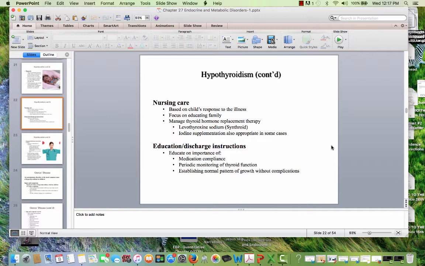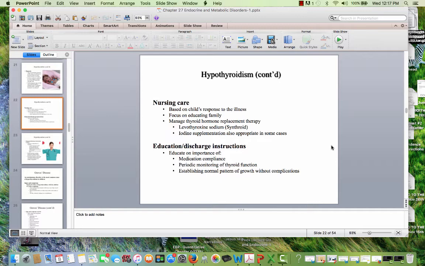We encourage the family caregivers to keep a daily log of activity level, feeding ability, frequency of feeds, bowel habits, and any visits they make to their physician. We'll also provide a lot of family caregiver education regarding thyroid replacement therapy and medication administration.